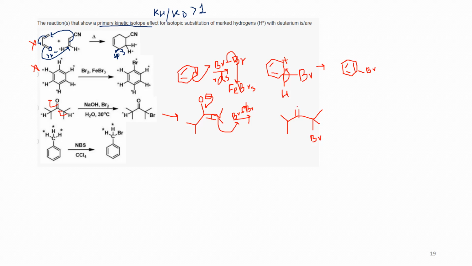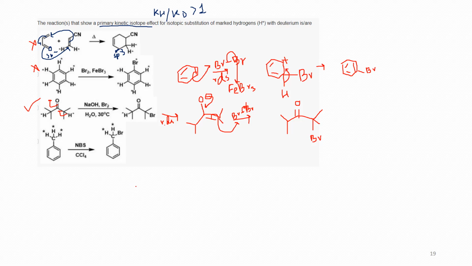In this case, this step is the rate determining step. From this you can see the CH bond is getting broken at this step, so that's why it will show a primary kinetic isotope effect.